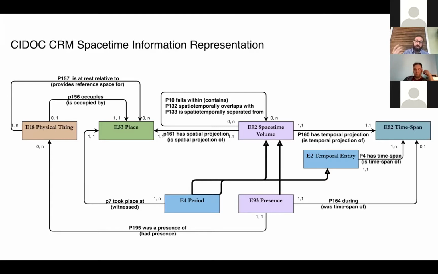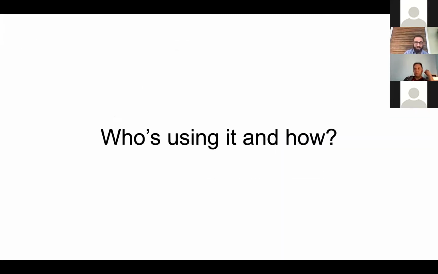And you're interested in tracking not just these events that glue its life together, but also specifically where it was and what it might have encountered at a particular time. Then you can use the space-time volumes to represent where things are over time. So that's a very short explanation of space-time volumes.